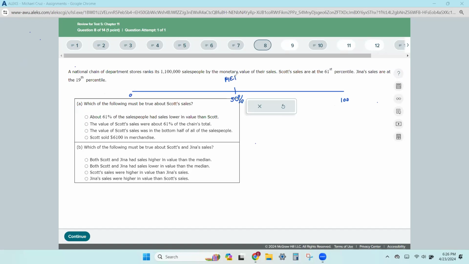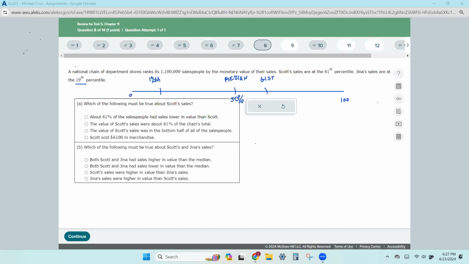All right. Now we got the 19th percentile. I'm going to think it's right here. That's where I'm going to put it. It doesn't have to be exact. So this is the 19th percentile right there. And then 61st would be somewhere in here. And this is enough to answer both of these questions.